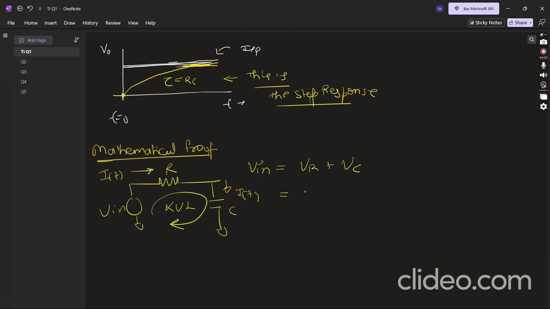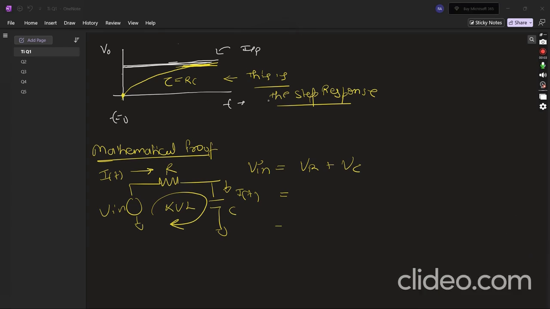So VR becomes ITR, and VC we get from the capacitor equation. Q is equal to CV, this is the charge equation. If we want the current equation, we differentiate this charge equation with respect to time. So we get IT, because dq by dt is current and capacitor C is constant.